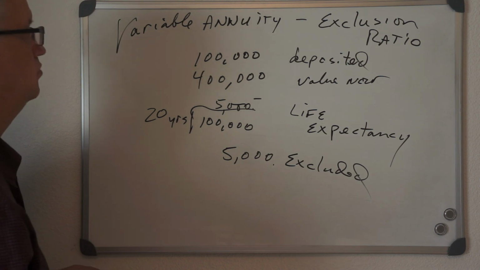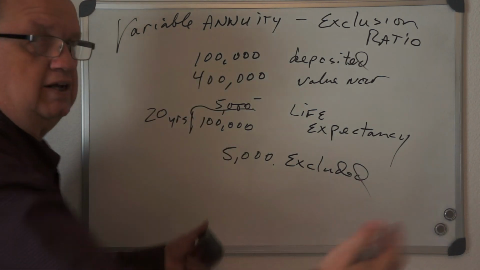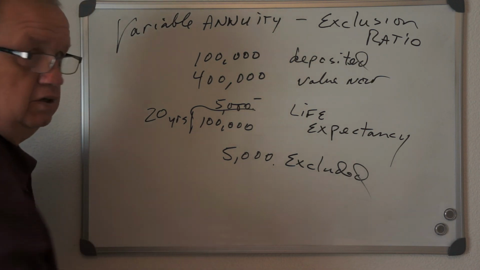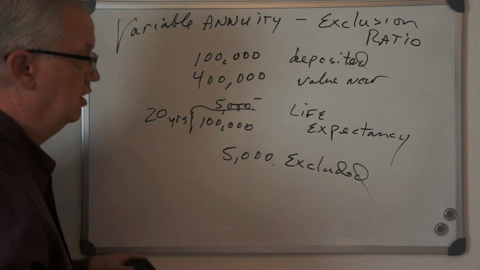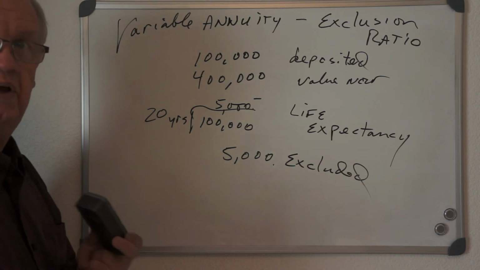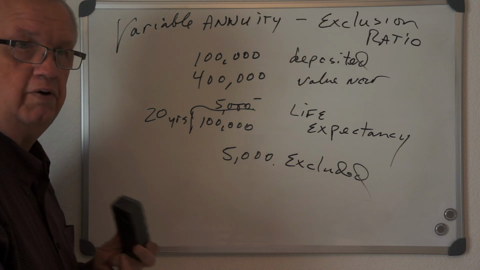Whatever money comes out to him, $5,000 of it every year is going to be excluded from taxes. The rest will be ordinary income.